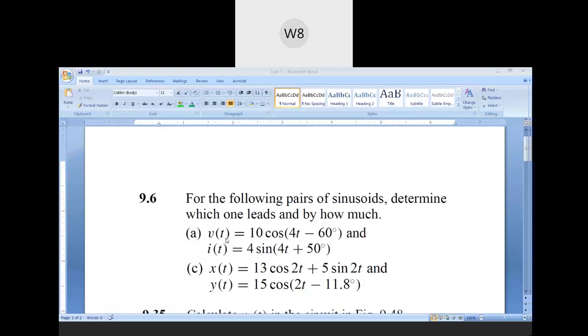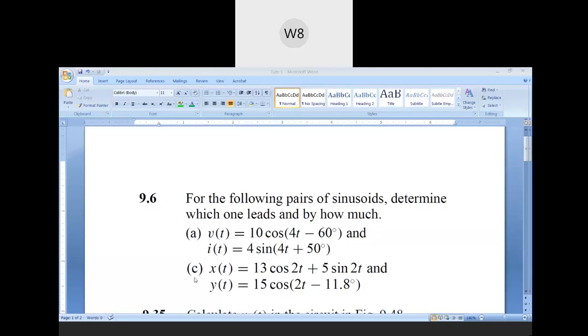So if they are not given in cosine form, for example, if for case A the current is in sine function form, then this sine has to be converted into cos, and then the arguments of the two functions have to be compared to find out which one is leading and by how much.